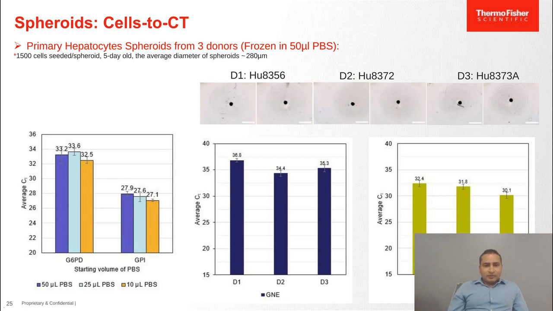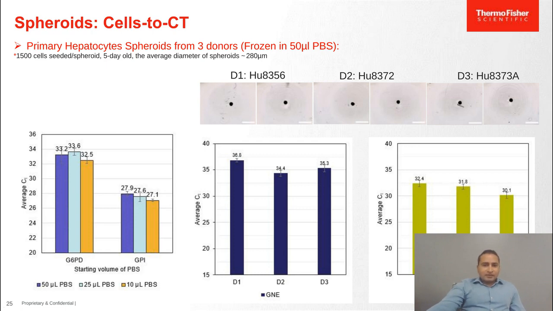But if you can remove all the PBS, that will probably give you a better gene expression profile for your spheroids. This suggested that a larger volume of PBS is probably influencing your lysis efficiency. Therefore, removal of excess PBS is critical for gene expression studies from these 3D cultures.